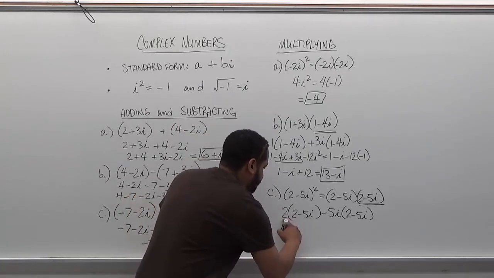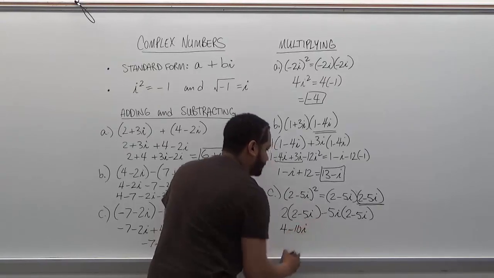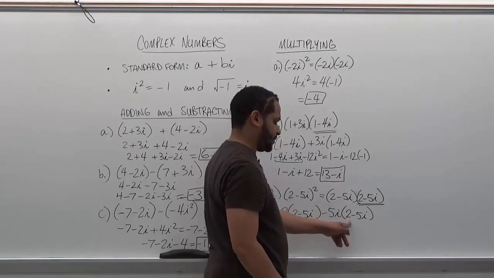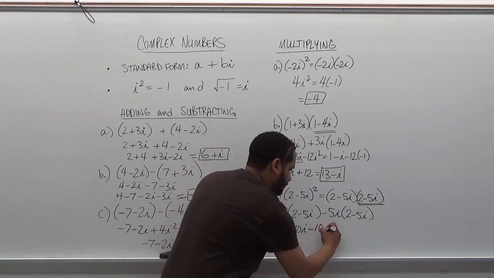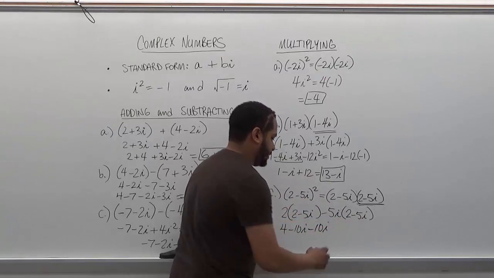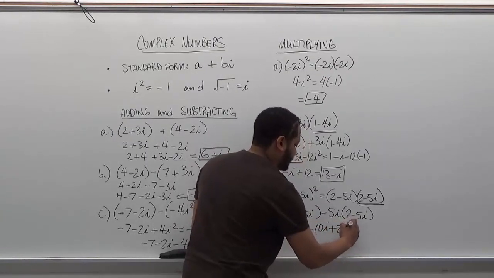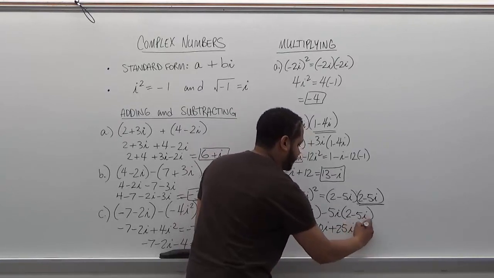So we have 4. 2 times -5i is -10i. Here we have -5i times 2 again, -10i. And finally, -5i times -5i again. That's negative by negative is positive. 5 by 5, 25, and i by i is i squared.